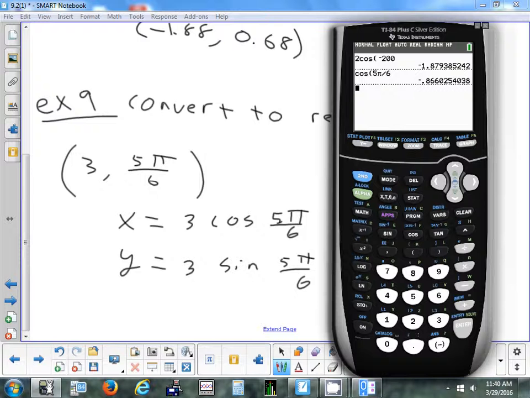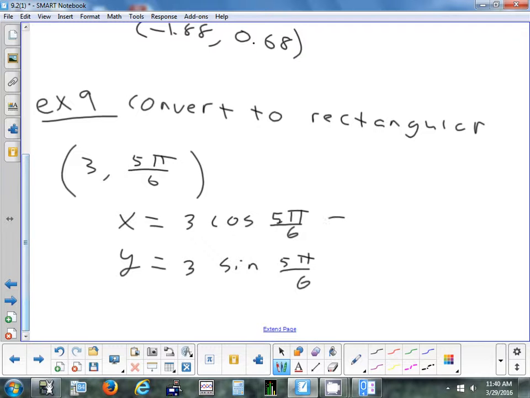Square root of 3 over 2, but it's negative. Okay. So that's square root 3 over 2, and it's negative. And that was times what? Times 3. So our x value is negative 3 root 3 over 2.